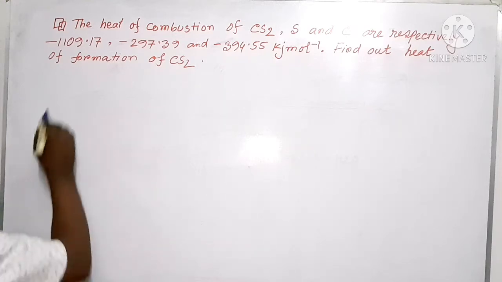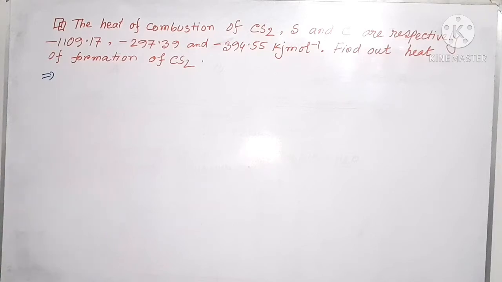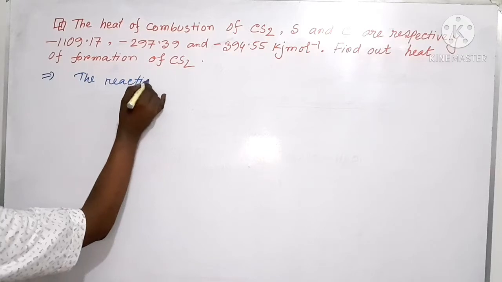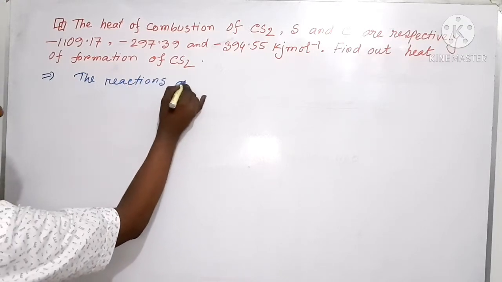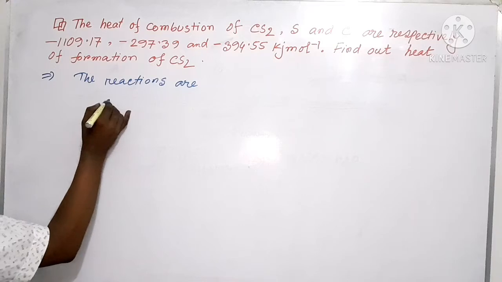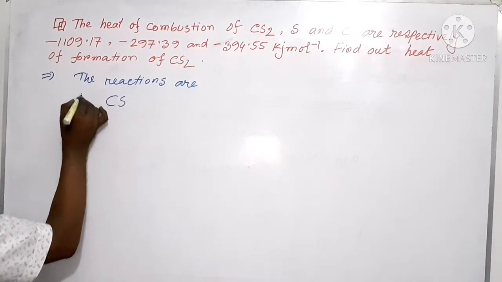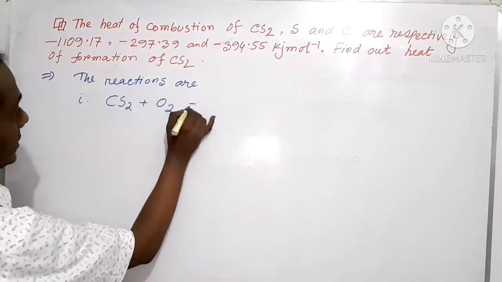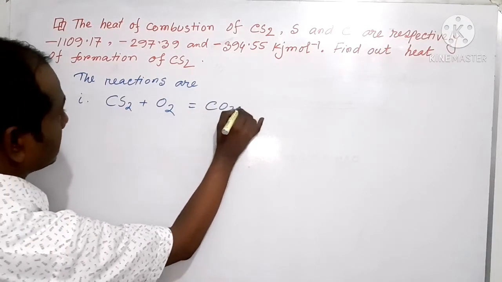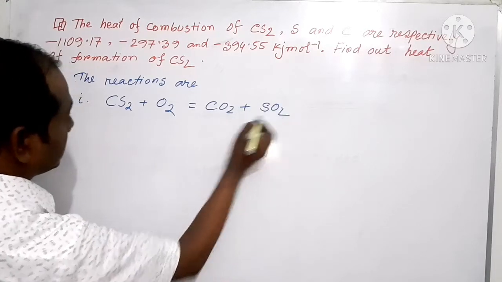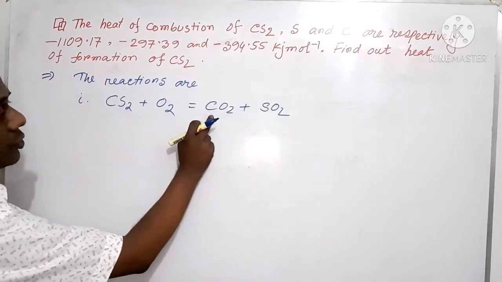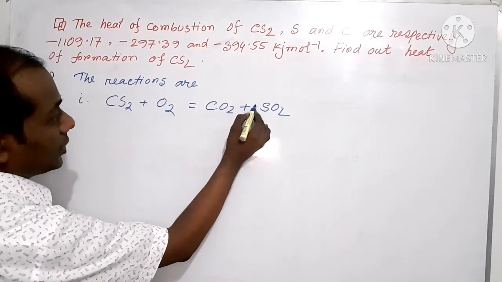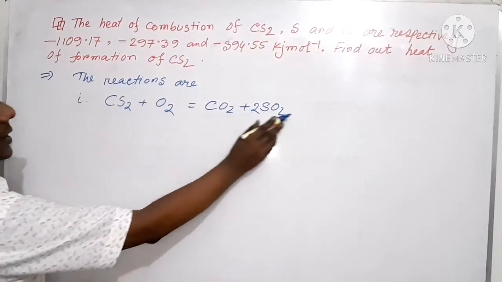At first, here the reactions are: reaction 1, carbon disulphide reacts with oxygen and produces carbon dioxide plus sulfur dioxide. Here one carbon is present, so 1 mole of carbon dioxide is produced, and the number of sulfur is 2, so we multiply by 2 for sulfur dioxide.